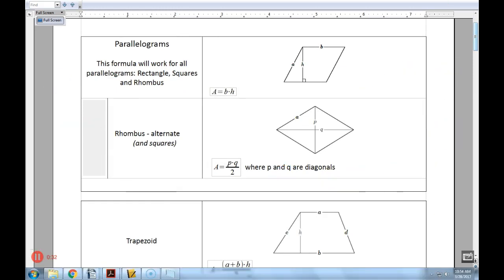So let's start off with the nice thing about the formula for parallelograms, which also works for rectangles, squares, and rhombuses. Those four big ones at the bottom of the hierarchy are all just base times height. So area is the base times the height, or BH for short.